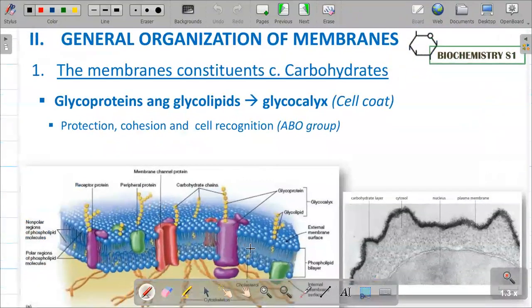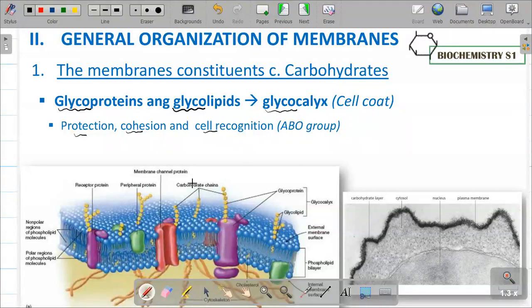Apart from it, if a carbohydrate is joined with a protein, it will form a glycoprotein. Or if a carbohydrate is joined to a lipid layer, they'll form a glycolipid. So together they form an important component called the glycocalyx. The main thing is to give protection, to adhere two cells together, and cell recognition like ABO blood grouping, which I'll be teaching you.